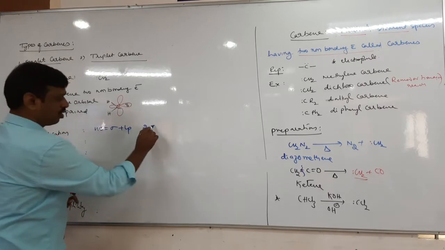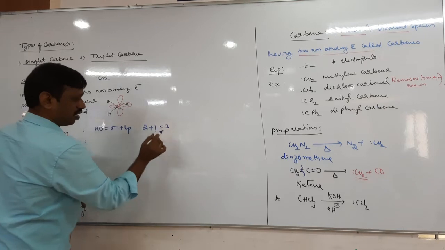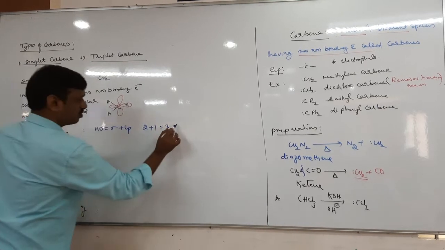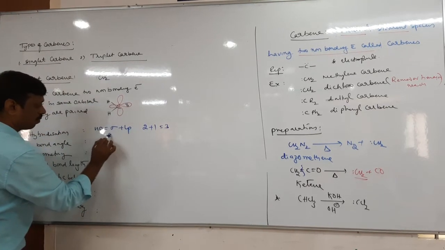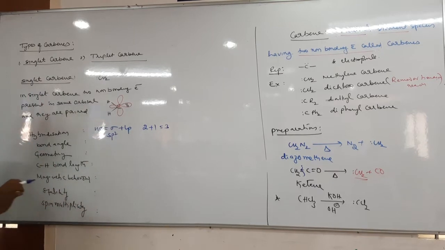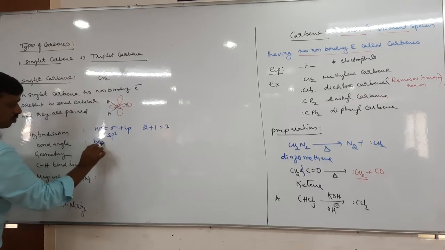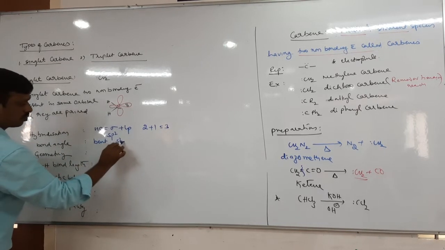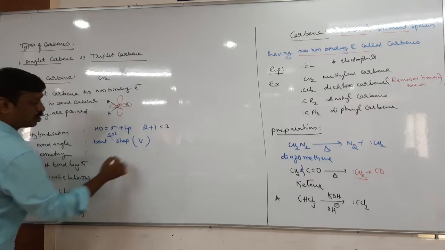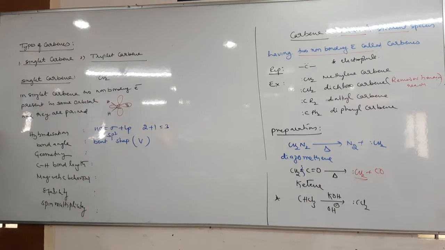So 2 plus 1 is 3. It means sp2 hybridization and one lone pair. It is a bent shape, V shape, angular shape.